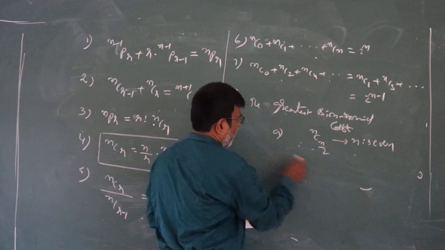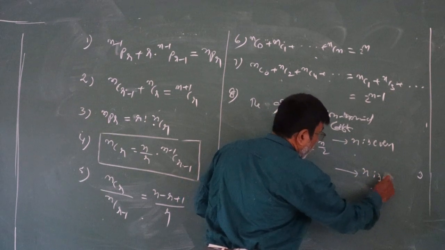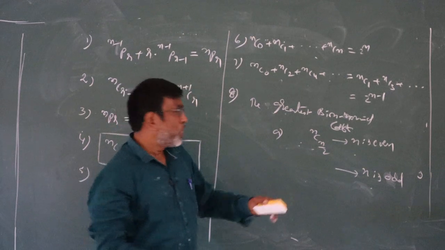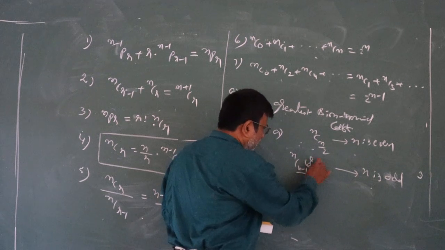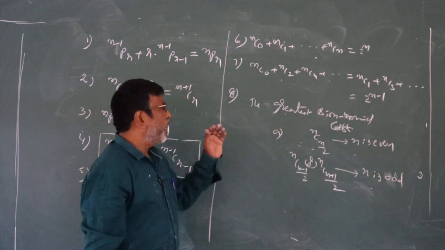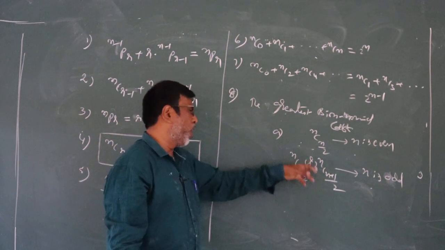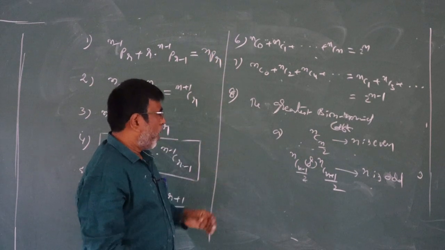Suppose n is odd. Then there must be two greatest binomial coefficients, both equal: NC((n minus 1) by 2) or NC((n plus 1) by 2). So these are about the formulas.